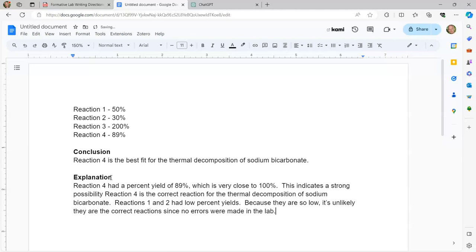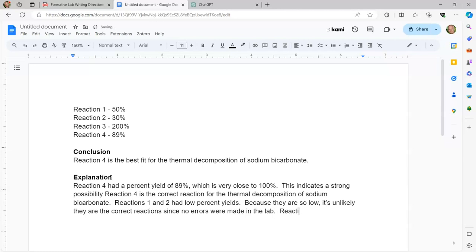So nothing was spilled, I didn't lose anything. So usually an error would be why you may end up with a low percent yield. So we didn't make any mistakes in the lab, so it's pretty straightforward. Those low percent yields would mean that those can be ruled out.